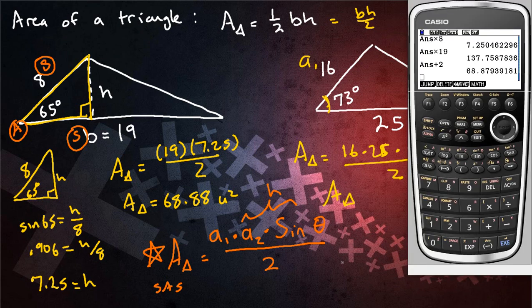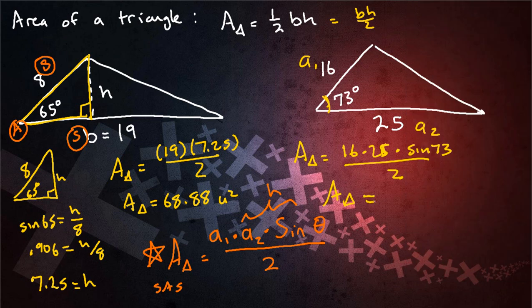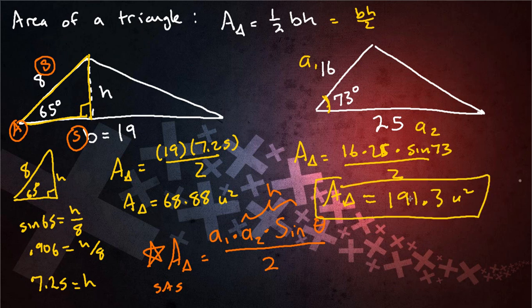And I'm basically going to type all that into the calculator, so 16 times 25 times sine 73. And I need to remember to divide by 2, very easy to forget that. And I get 191.3. Units squared, whatever units I'm talking about.